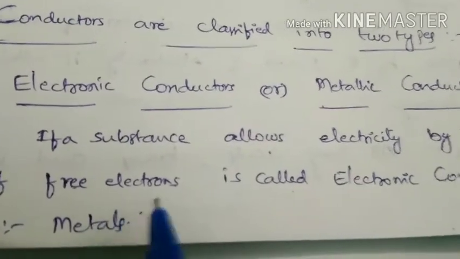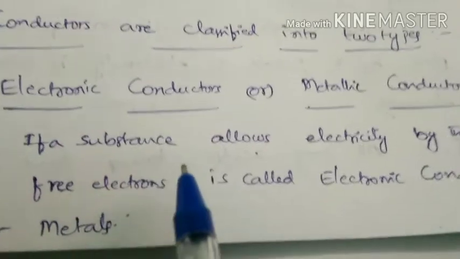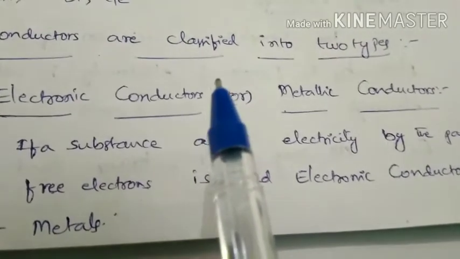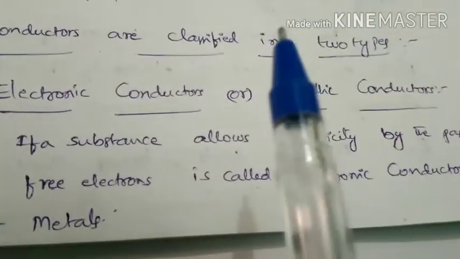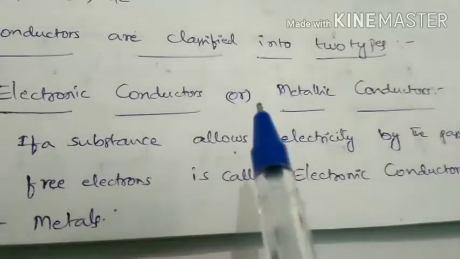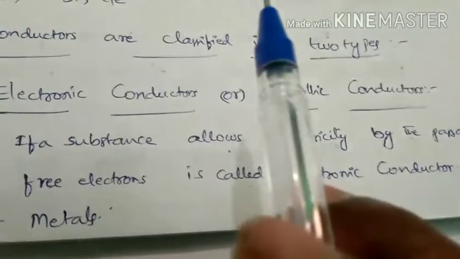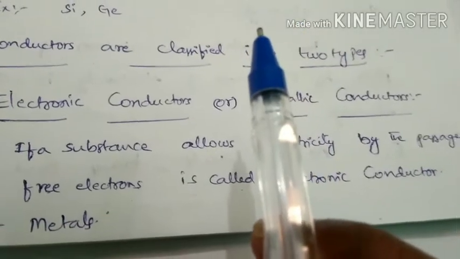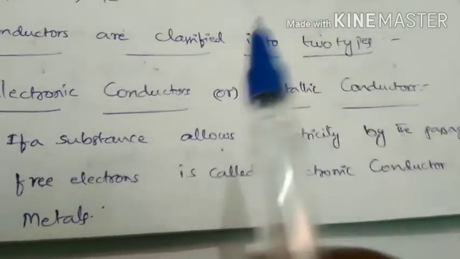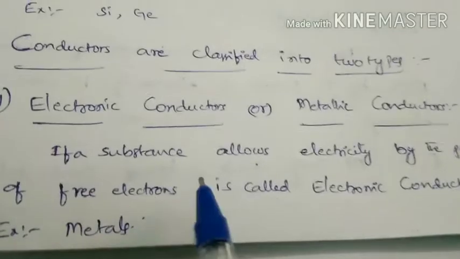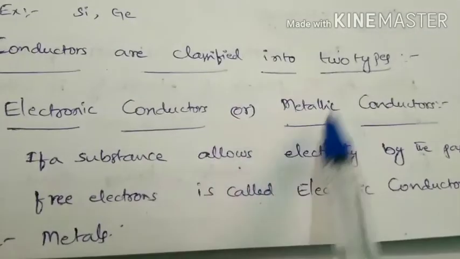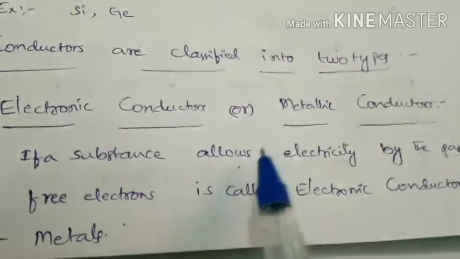For example, metals. All metals come under this category because if you take iron rod, that iron rod exhibits electricity when we pass electricity through it. That is due to presence of free electrons. That means if any substance has free electrons, then that substance exhibits electricity when electricity is passed through it. So all metals come under this category. So this is also called metallic conductor because metals exhibit this conductance.